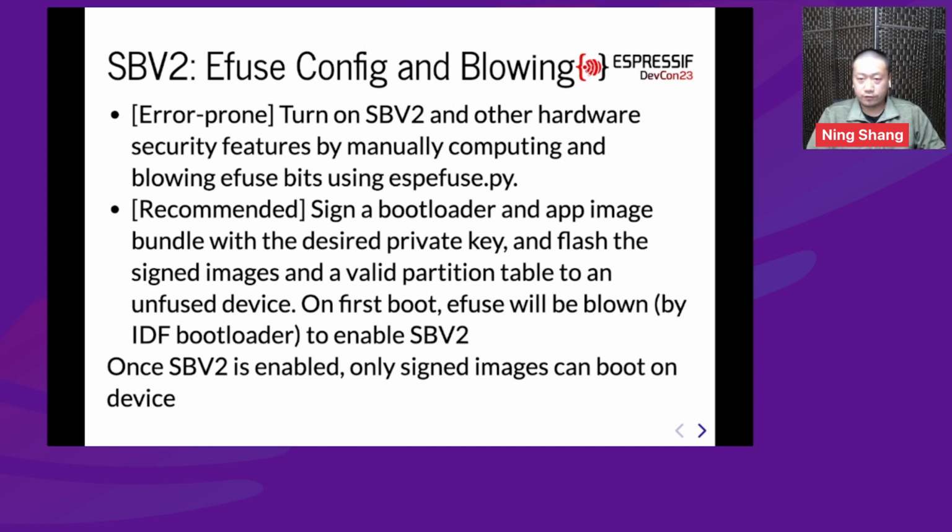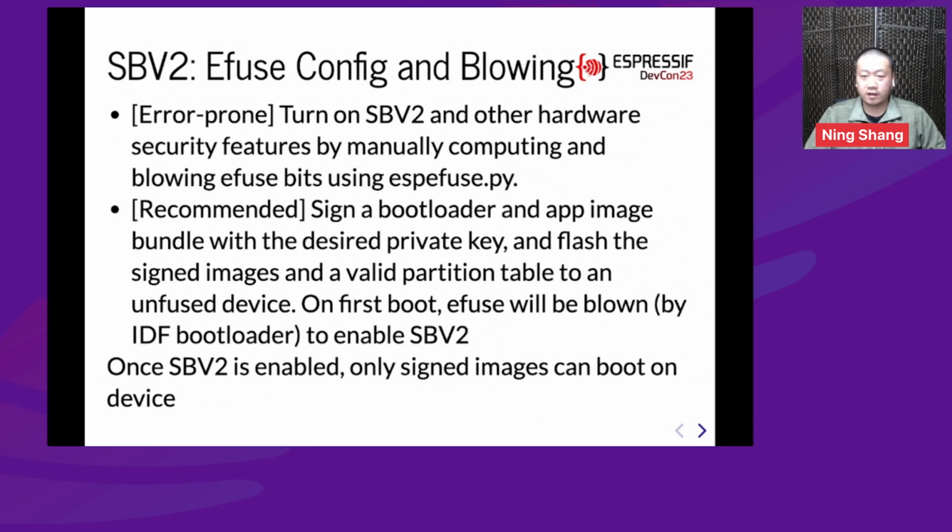The recommended way for enabling secure boot is to sign the bootloader and the app image bundle with your choice of the private key. Then we flash the signed images and the valid partition table to an unfused ESP32 device. On the first boot, if everything works, if the images and the partition table are valid, the eFuses will be blown by the bootloader to get Secure Boot v2 enabled.